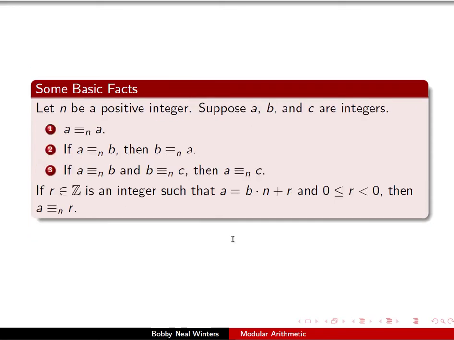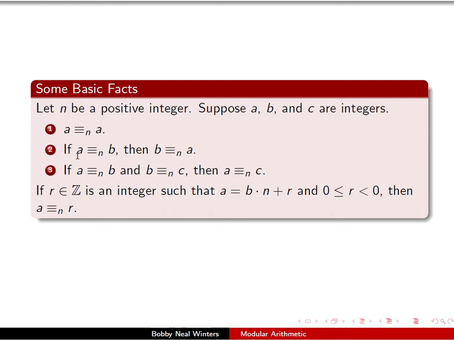Okay. Some things we know about equivalence mod n. Again, we've got n, just pick a positive integer. We pick integers a, b, and c. They're just integers. One: a is equivalent to itself mod n.